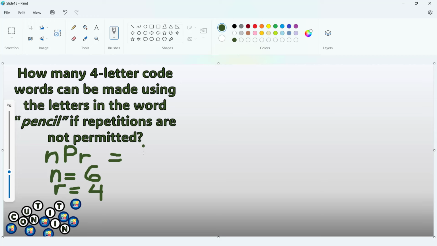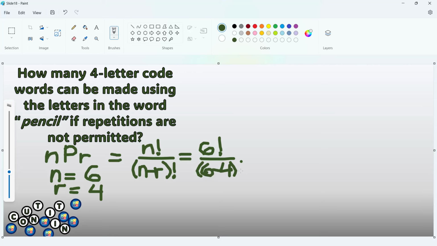This is in this manner. We have n factorial over the result when we subtract r from n, and you take a factorial of that. Since our n is 6, we'll have here 6 factorial to be divided by 6 minus 4 factorial.